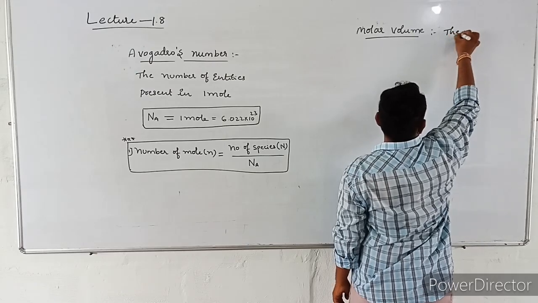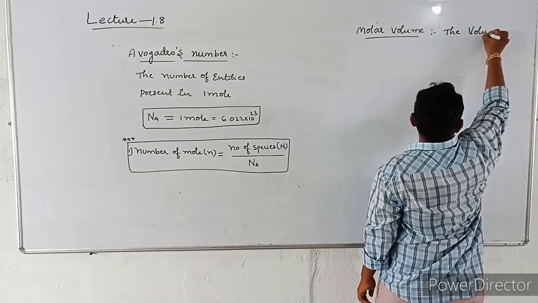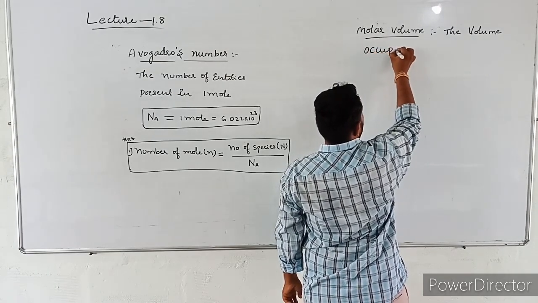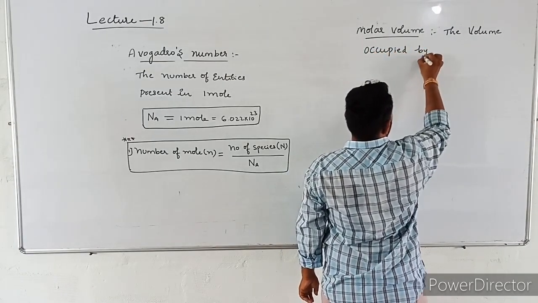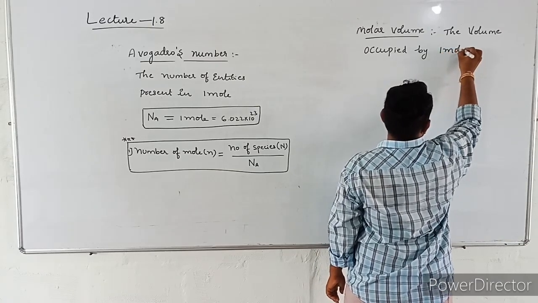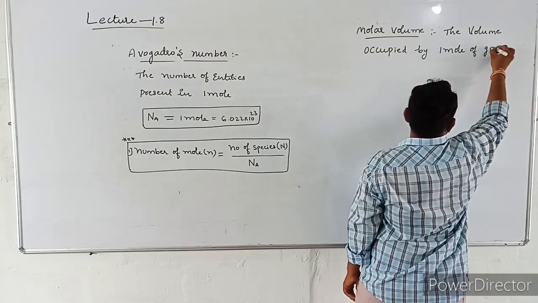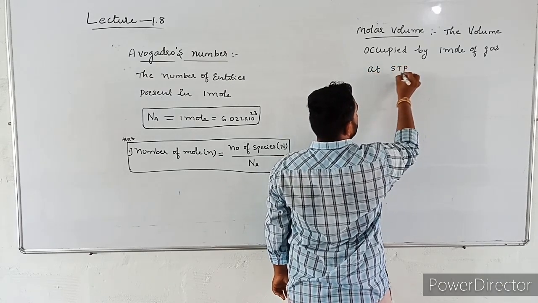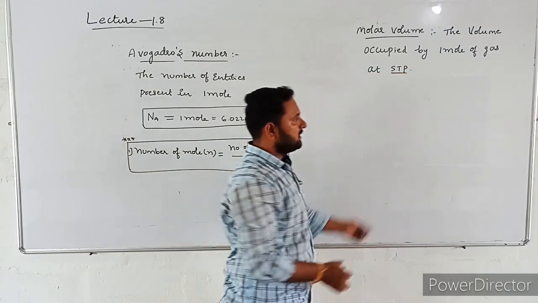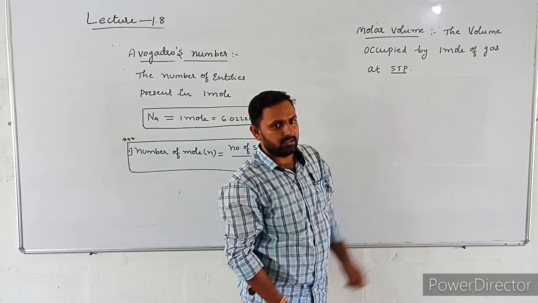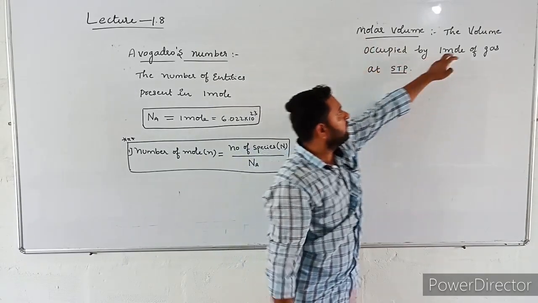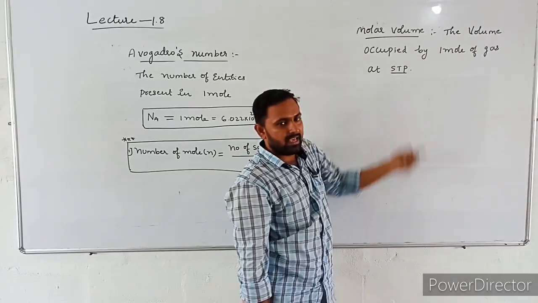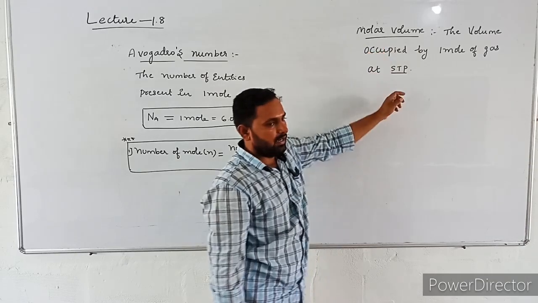The volume occupied by 1 mole of gas at STP condition. At STP condition, this is important. STP means standard temperature and pressure. The volume occupied by 1 mole of gas at STP is called molar volume.